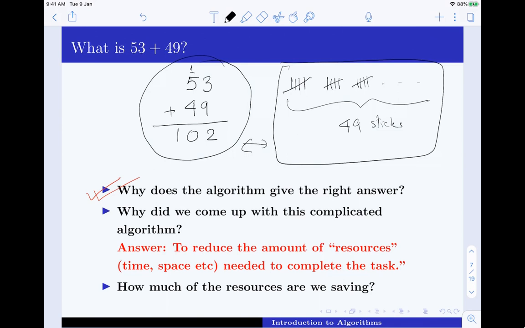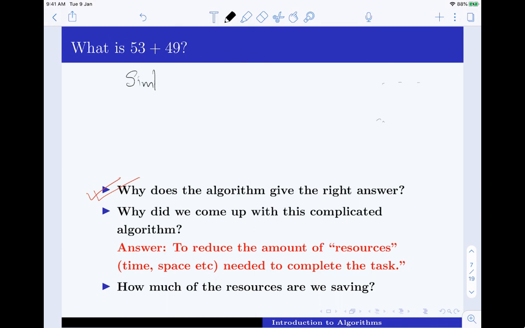But of course, a natural question is: can you quantify the amount of resources that we are saving? So how many resources are we indeed saving? In this particular setting, we can say in a very simple way that if you do the simple counting, by simple addition, meaning say by hand, if you have to sum up A plus B, then the total number of times you have to count will be basically A plus B, right?